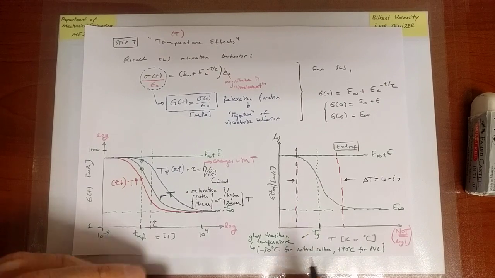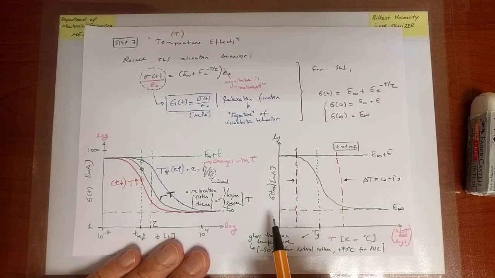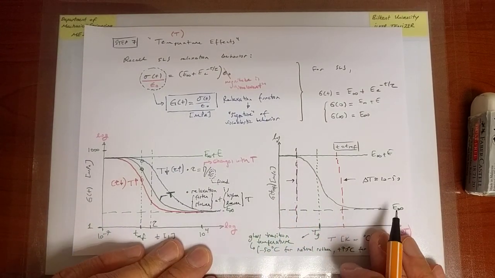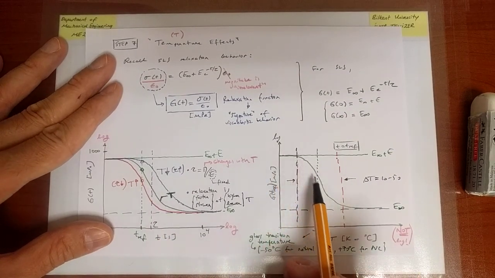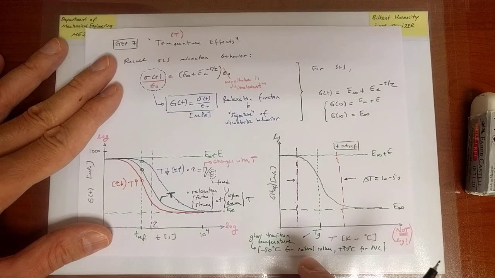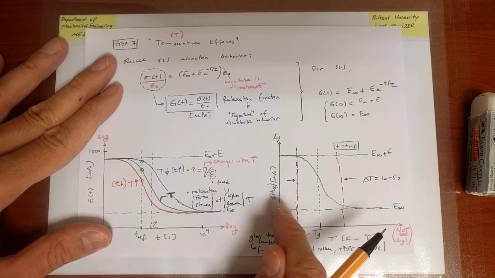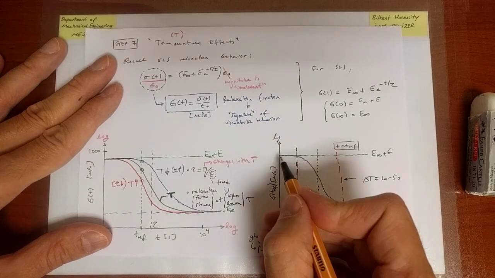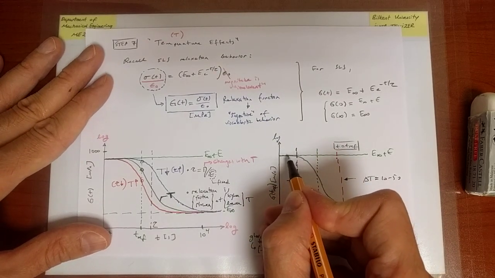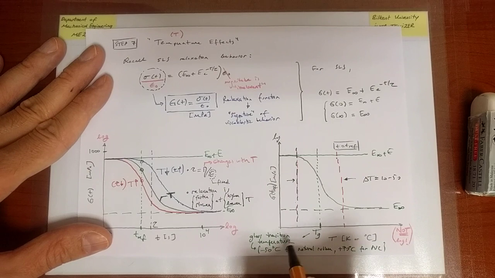On the other hand, now I've divided that plot into 3 regions. And those 3 regions again have to do with the variation of that curve. First of all, if I am to the left of the blue line, then there isn't much happening in the value of the relaxation modulus with respect to temperature.